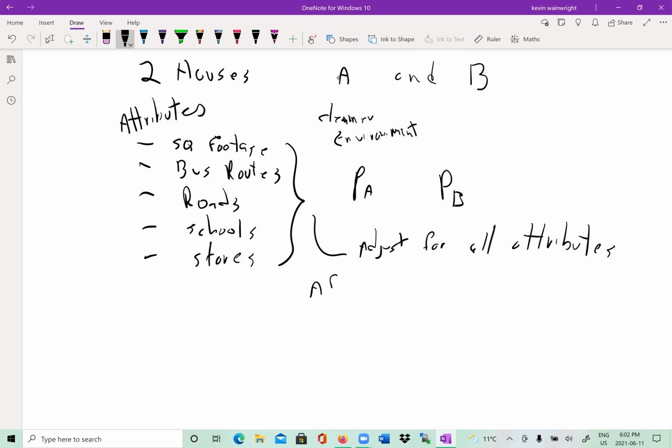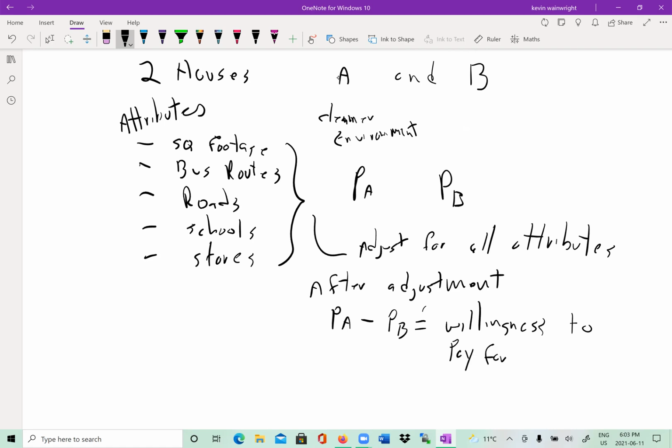So after the adjustment, the difference between the price of house A minus the price of B equals the willingness to pay for a cleaner location.